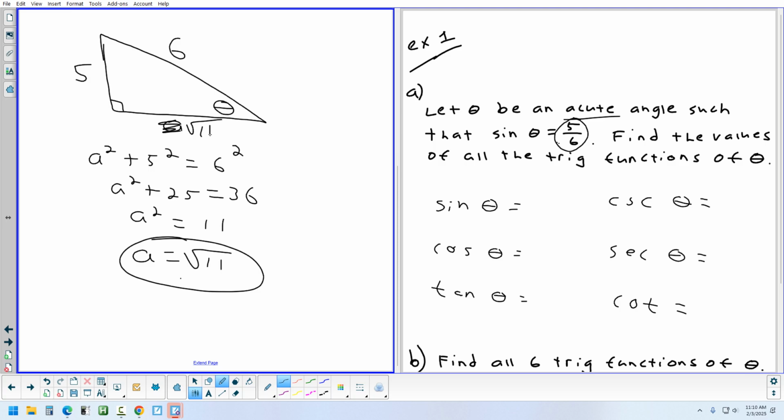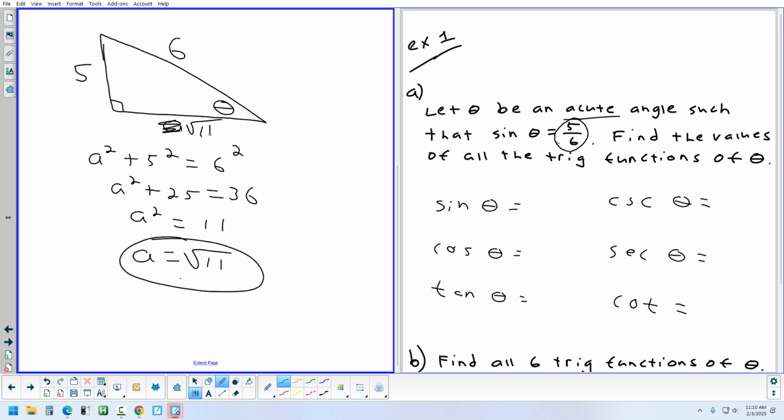Two things we have to worry about with square roots. What's one thing we want to make sure we're careful about with square roots? You can't square root a negative. You'll never have that come up because you're always going to be dealing with positive sides in a triangle. So that is true, but that situation will never happen here.